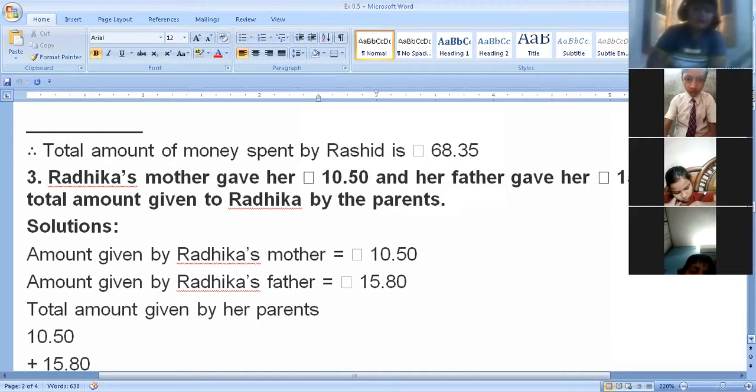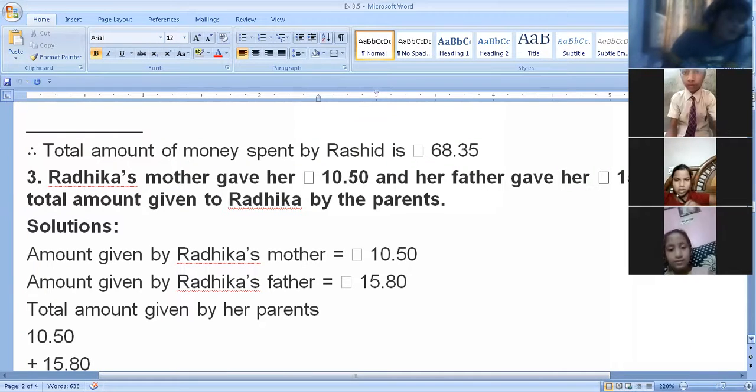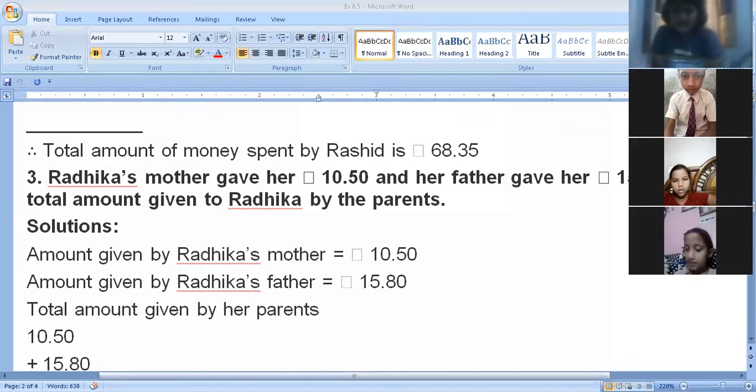Yes, Saksham, your answer is correct. Tanishk, your answer is absolutely right. Add the numbers, all of you children. Tell me what is the answer when you add it. Give me the answer in the chat box. Adit, your answer is wrong. Yes, Charvi, correct answer.